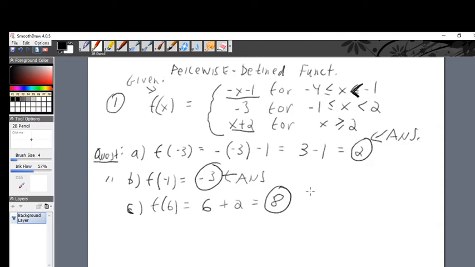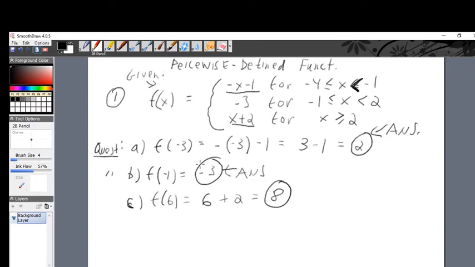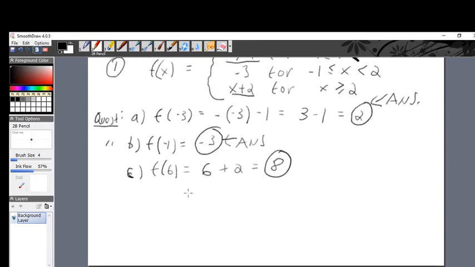Okay. Now we have more space on this piece of paper, so we can go to the next topic. Here is the next topic.